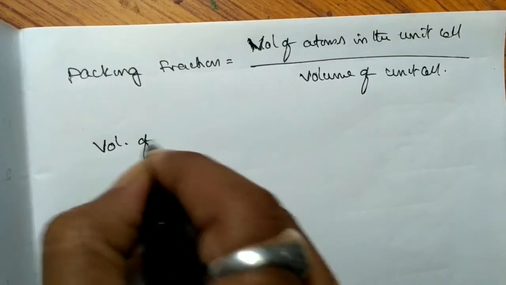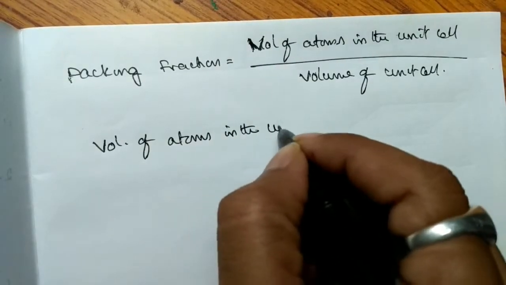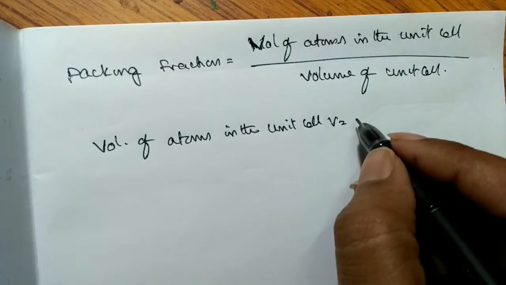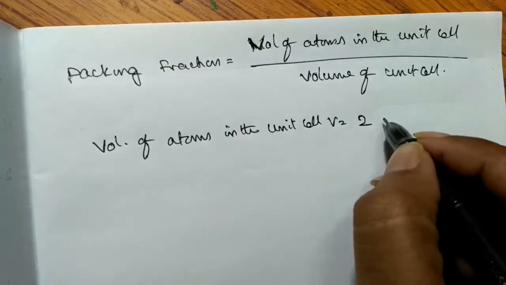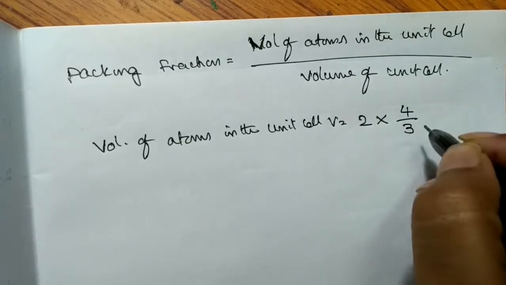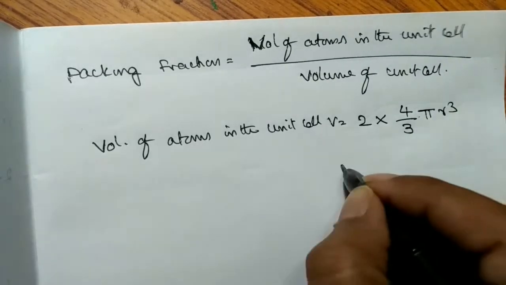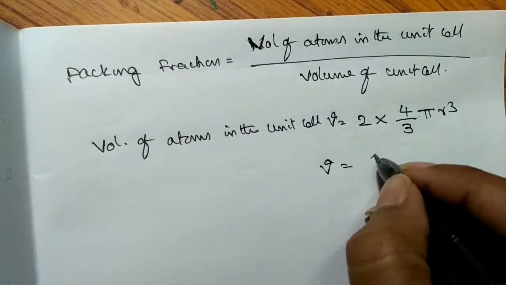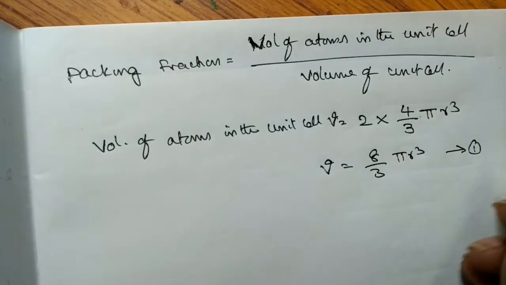So volume of atoms in the unit cell, small v is equal to, according to effective number of atoms, here 2 atoms are present, 2 into the atoms are in spherical shape, that is 4 by 3 pi r cube, that is equal to 2 into 4 by 3 pi r cube, which is 8 by 3 pi r cube. This is equation number 1.